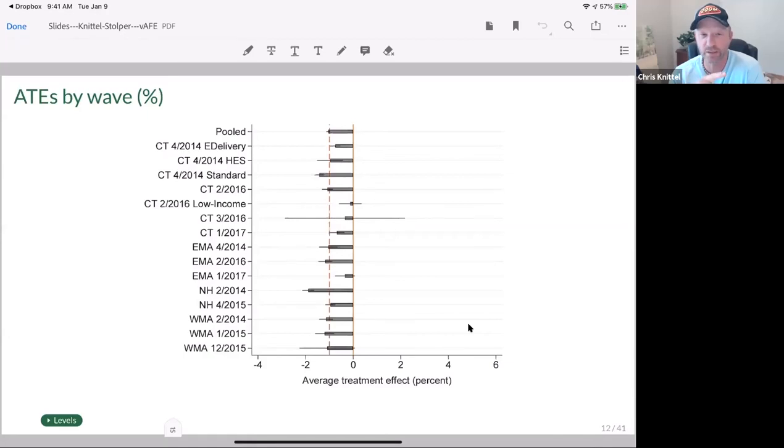But one of the horse races, as we call them, that we're going to do is grow the forest using only 2014 waves, and then see how well it does in follow-on waves, and then compare the forest with other techniques. So we'll be doing at least one test of what you suggested. But you're right, if I eyeball it, the treatment effects do seem to be larger earlier on in the sample.